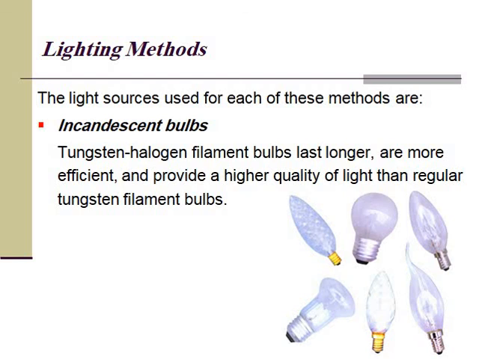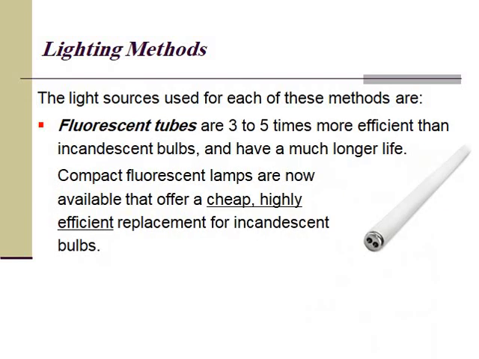While tungsten halogen filament bulbs last longer and are more efficient and provide a higher quality of light than the regular tungsten filament bulbs. The second type is the fluorescent tubes, which are 3 to 5 times more efficient than incandescent bulbs and have a much longer life.